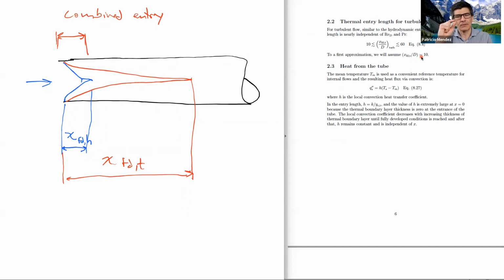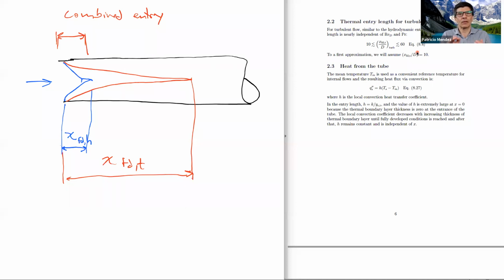And eventually, if the turbulence is high enough, that advection is dominant over the diffusivity, the thermal diffusivity or the kinematic viscosity, such that both the effective thermal diffusivity and the effective kinematic viscosity would be the same because they were determined by turbulence. So in turbulence, the effective Prandtl number is 1, like kind of a Reynolds analogy, and both boundary layers have the same thickness, therefore they would have the same entry length. And that's exactly what the book says.